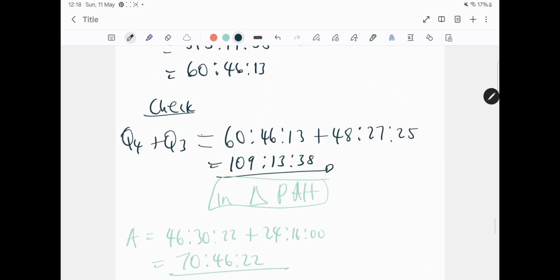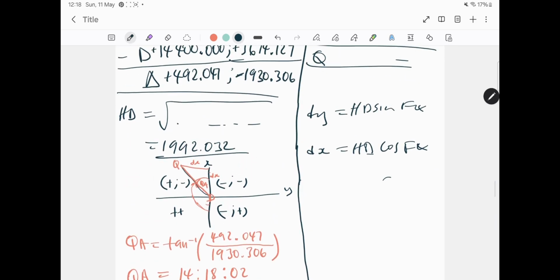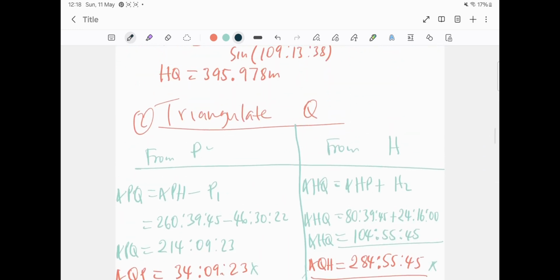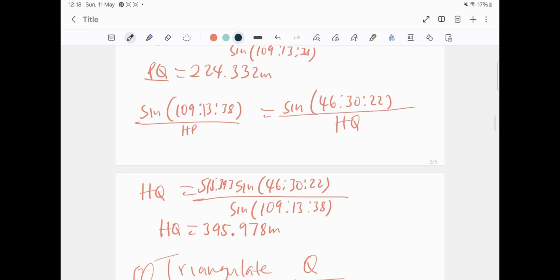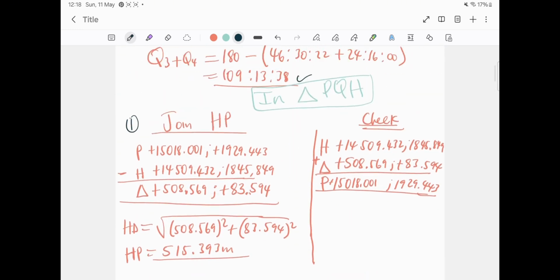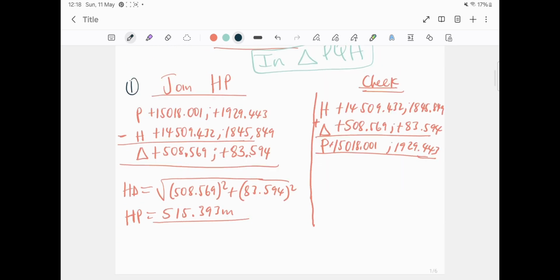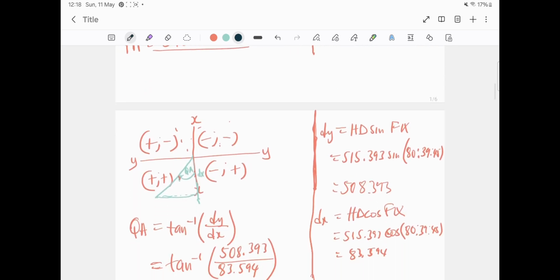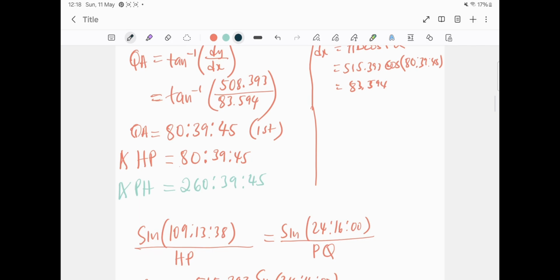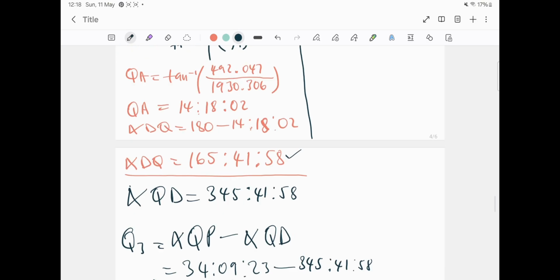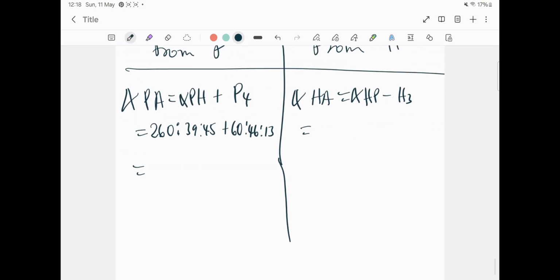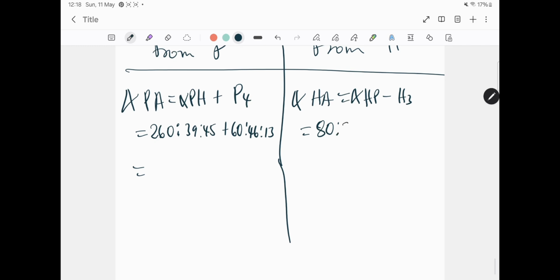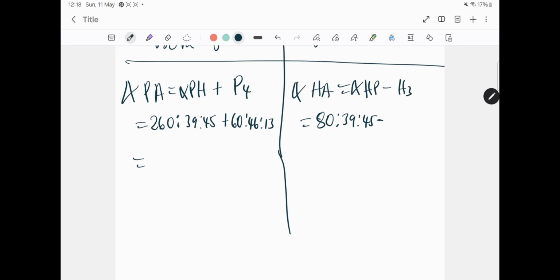So bearing HP, we have it somewhere. Let's see what our HP is. From what we found, our HP was 80, 39, 45, minus H3. Let's see what we found is our H3.